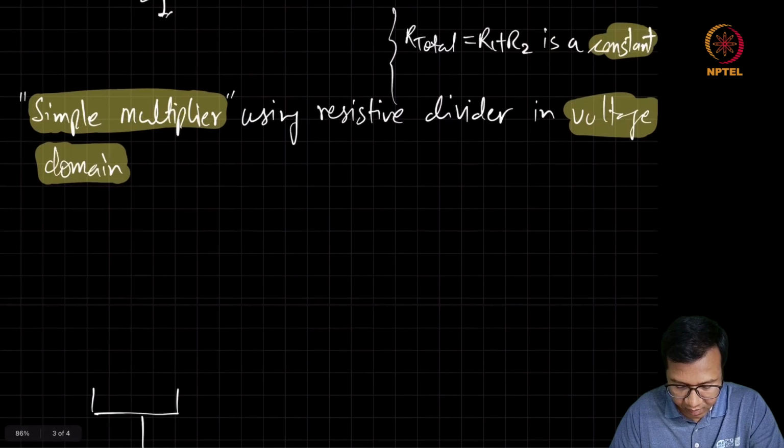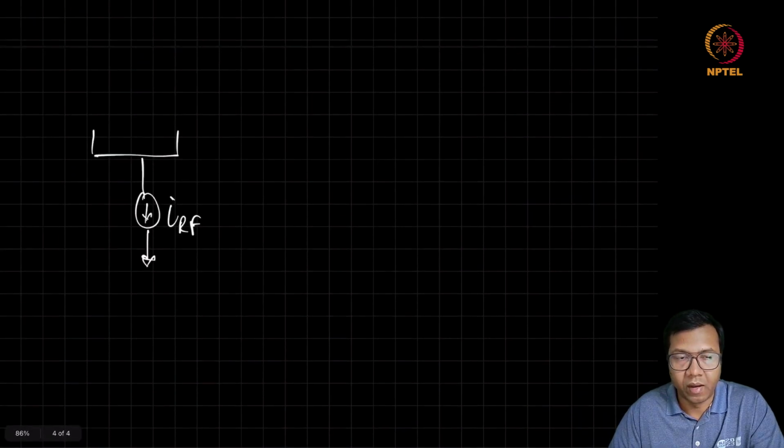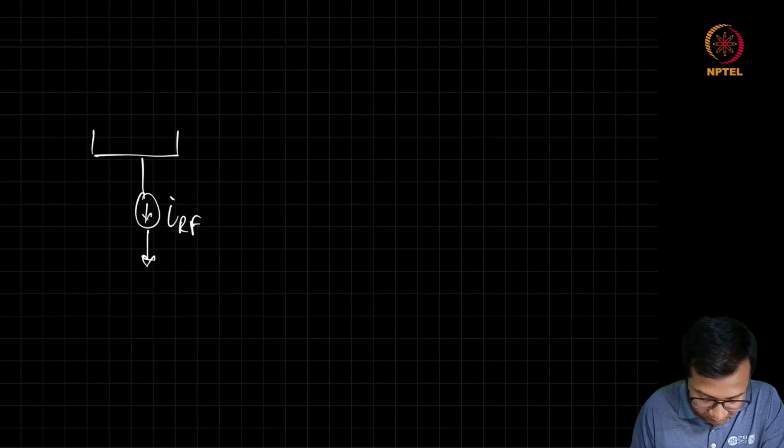If we take the analogy from this voltage division, we can similarly implement a current division with the help of just passive devices.